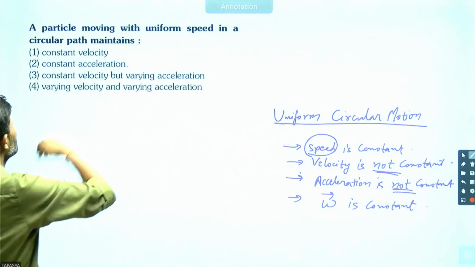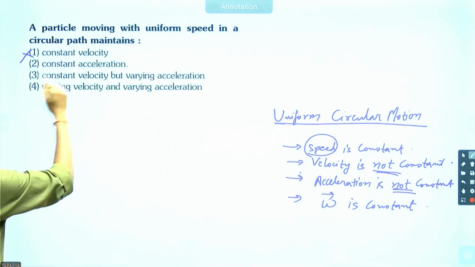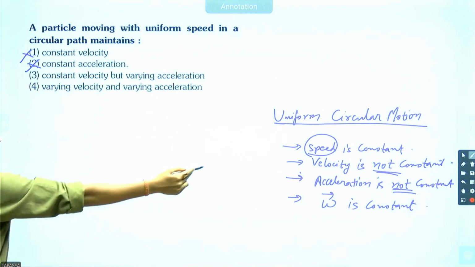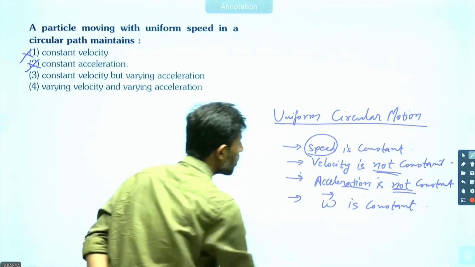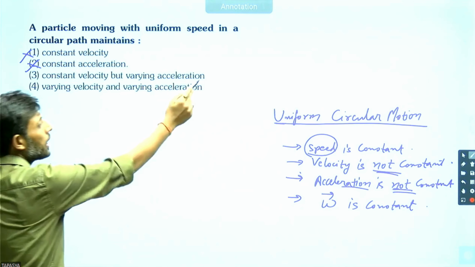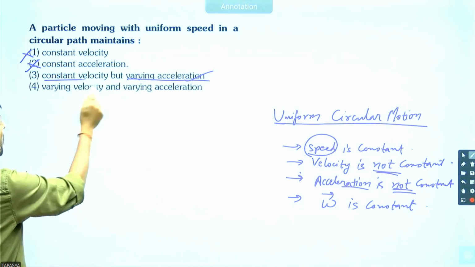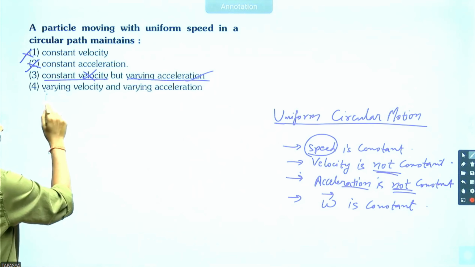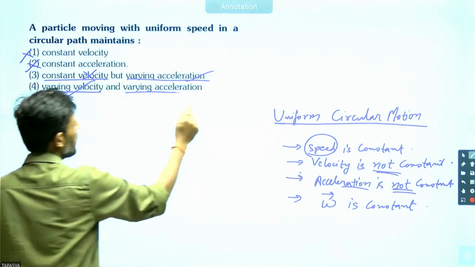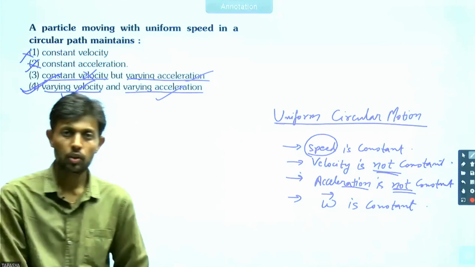Which would be the answer? Constant velocity, no. Velocity is changing. Constant acceleration, no. In uniform circular motion, acceleration is not constant. Constant velocity but varying acceleration? Well, varying acceleration, I agree. But constant velocity, no. Varying velocity, yes. Varying acceleration, yes. Hence, option 4 would be the correct option. Okay.